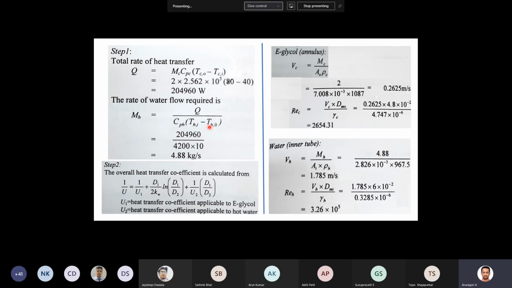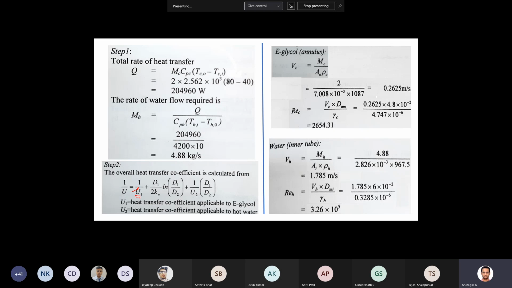The second step is that we have to calculate the overall heat transfer coefficient U, because dimensions are given. So we have to start from this step, or we have to check whether this exchanger having this dimension is suitable to cool down the ethylene glycol from 80 degrees centigrade to 40 degrees centigrade. That performance we have to evaluate. Here you can take this U1, or instead you can take H1.